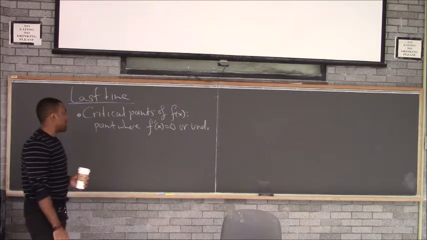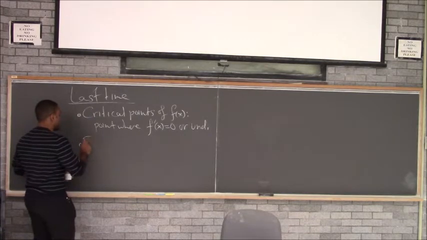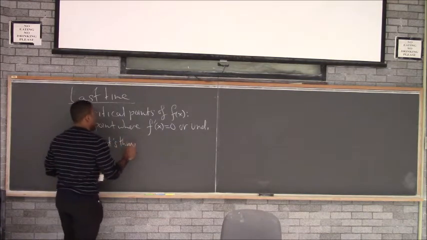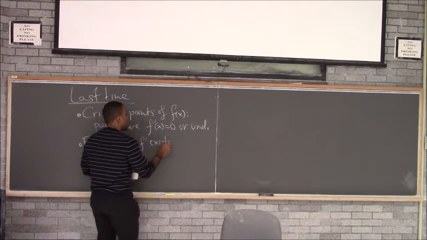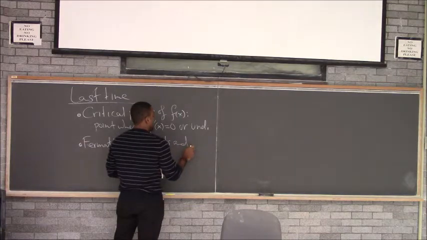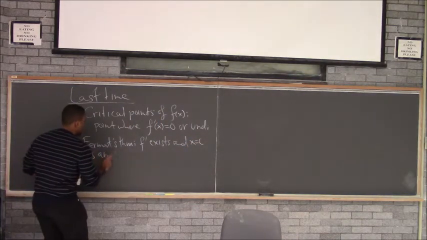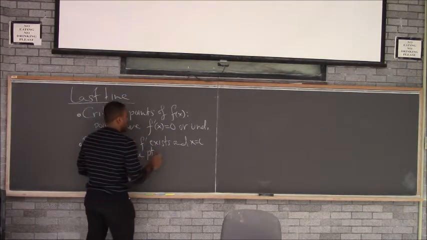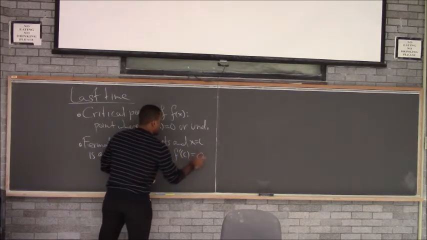Now, Fermat's theorem tells us that whenever the derivative exists, so Fermat's theorem was also something that we looked at. It says if f prime exists and x equals c is an extreme point, then f prime of c is going to be 0.